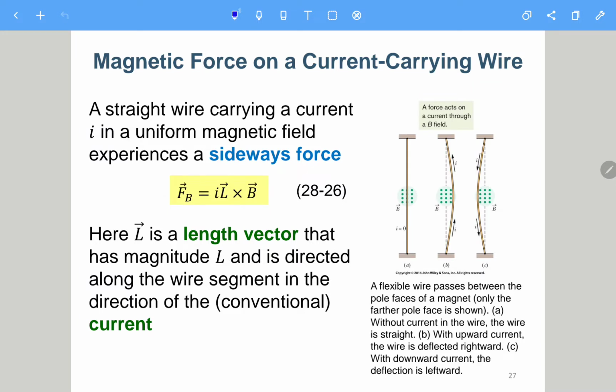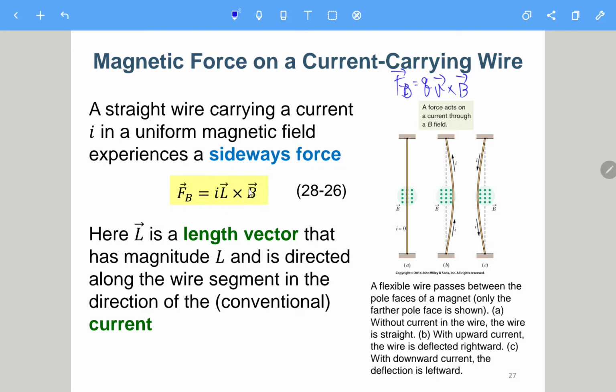I will also consider it to be the Lorentz force, which is F_B equals qv cross B. So actually, it looks very similar. So let's see what is talked about. Here it says a straight wire carrying current I in a uniform magnetic field experiences a force.